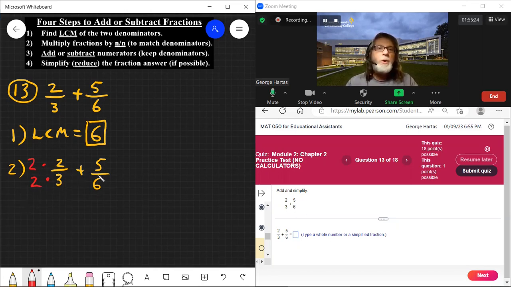This fraction, though, has the LCD already there, so we don't need to multiply by anything. We're going to leave this the way it is. So step 3, let's simplify. 2 times 2 is 4. And we know that 2 times 3 is 6. Bring this part down.